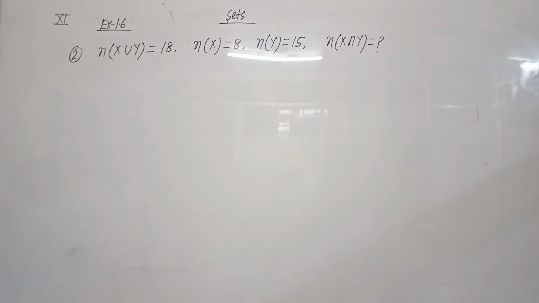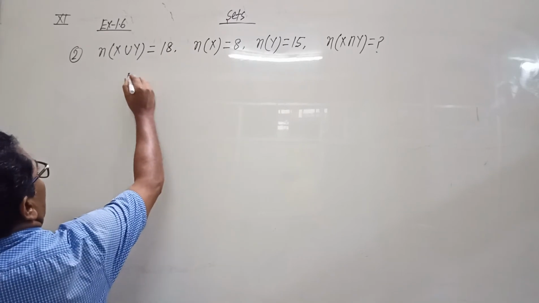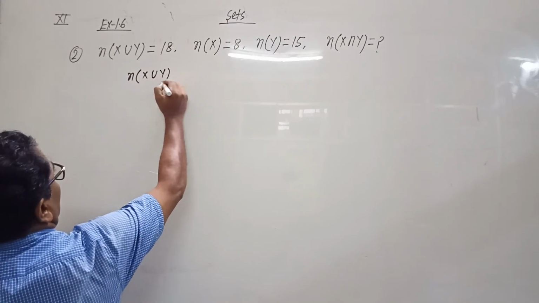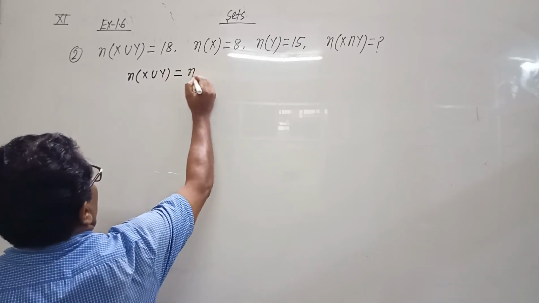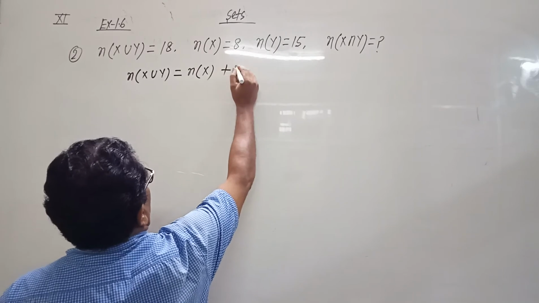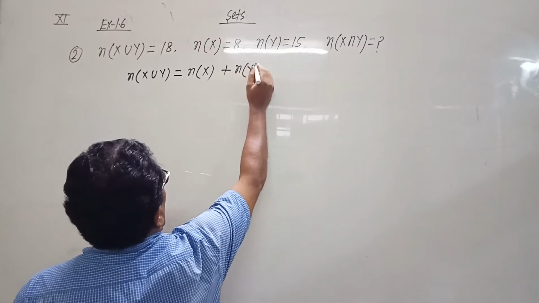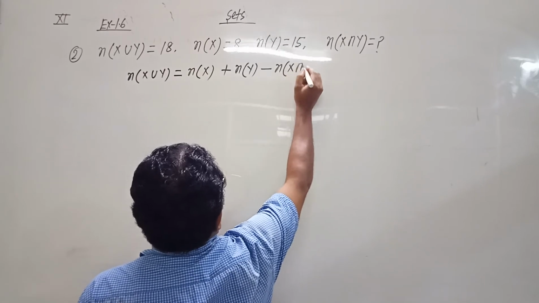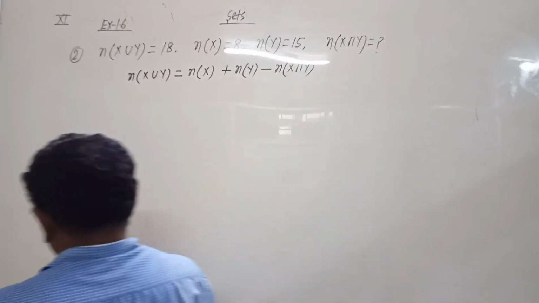So use the same formula. n(X ∪ Y) equals n(X) plus n(Y) minus n(X ∩ Y).